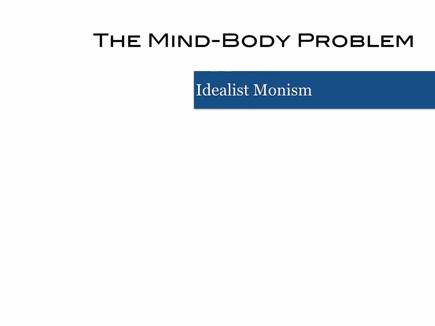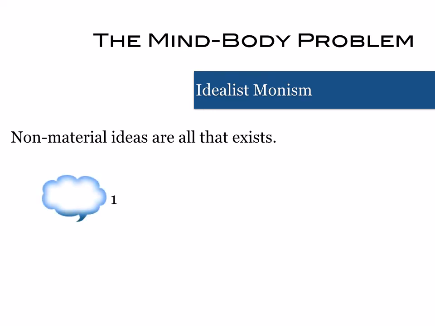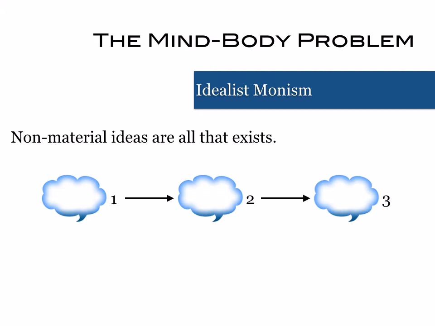The last position is idealist monism. This argues, as I mentioned, that only non-material ideas exist. So you have mental state 1, and through mental state 1 you can cause mental state 2 to happen, and after that you can cause mental state 3 to happen. But there's no physical world.